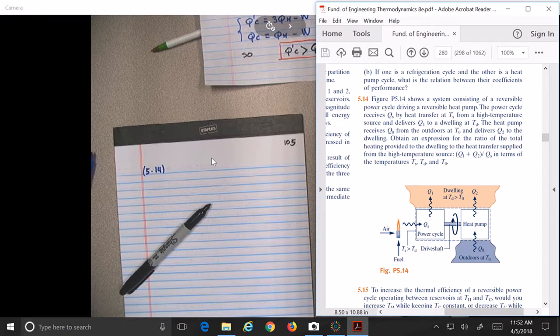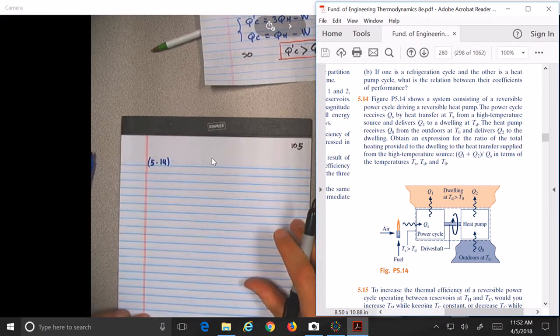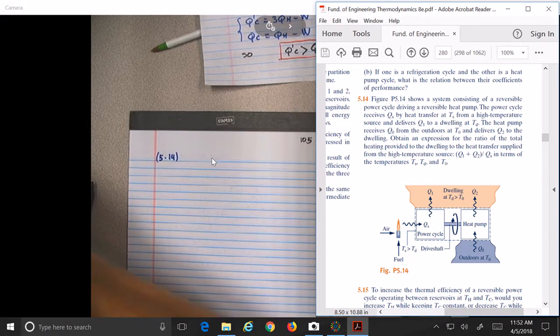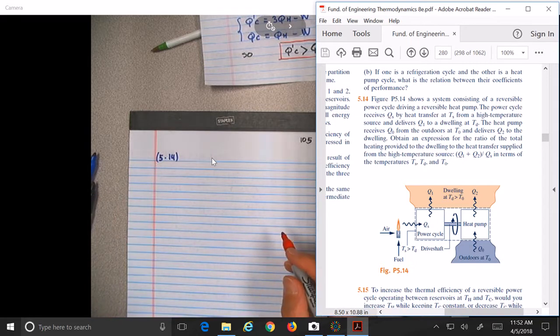All right. So 514. It looks like there is a hot reservoir, which we call the dwelling, and this is a heat pump, consisting of a reversible power cycle driving a reversible heat pump.